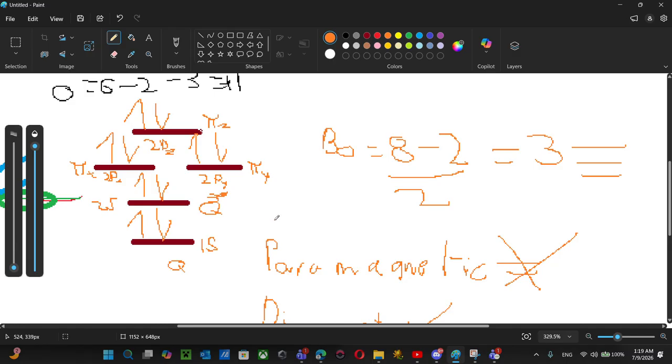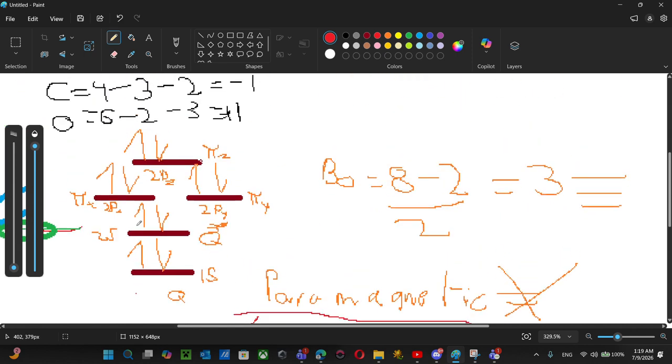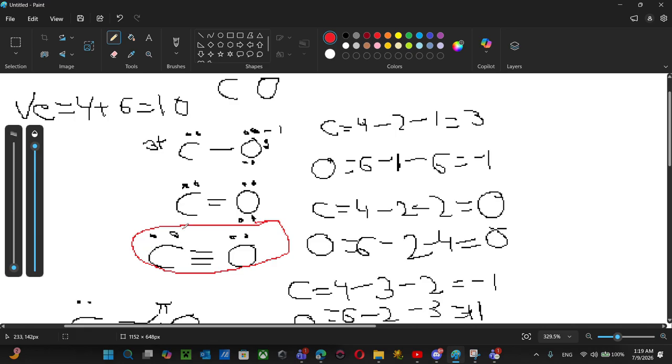If we had an example like this, it would have been paramagnetic because this electron is unpaired. But because this electron is paired, we got that it is diamagnetic. And that is what we use to determine if a molecule is diamagnetic or paramagnetic.